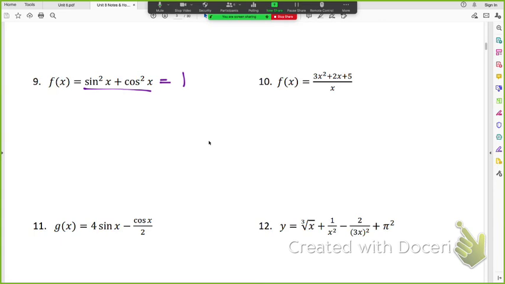Know these? There's a few small ones that will be helpful, like that. Or like knowing tangent and cotangent are the reciprocals. So if that simplifies to 1, what's the derivative? 0.